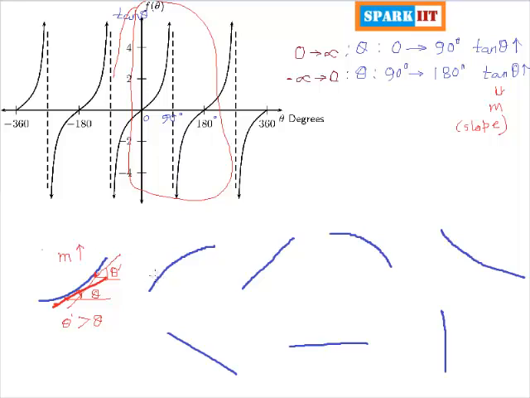Note that in this case theta dash is less than theta. So as theta is decreasing, tan theta is also decreasing, so slope is also decreasing. In this case, the thetas are same, as this is a straight line, so m is constant.